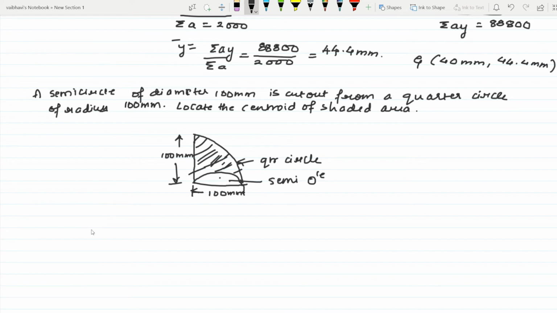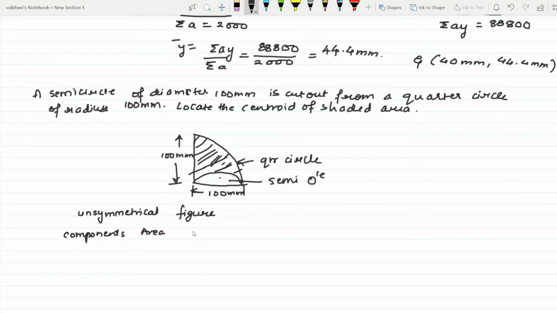Okay, now this is an unsymmetrical figure. First that we have to note down is that it is an unsymmetrical figure. So we have to find both x bar and y bar values. Okay, so first components, then area. As I said, we have to take this quarter circle first.